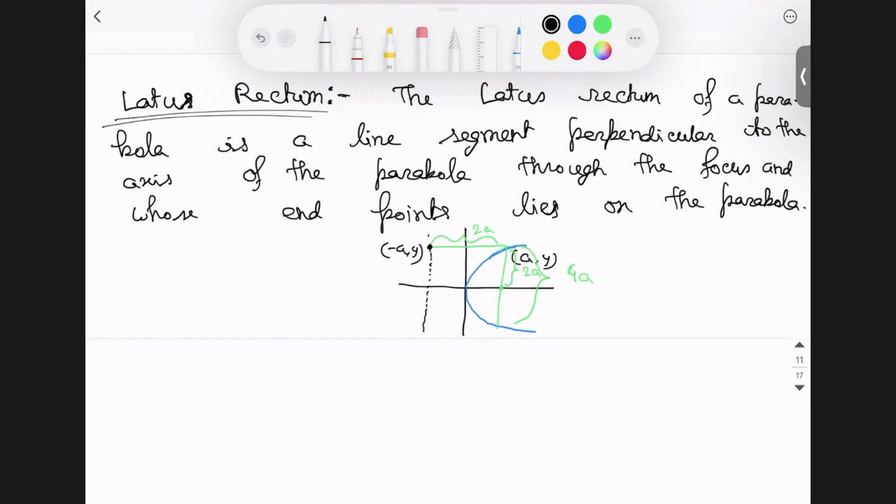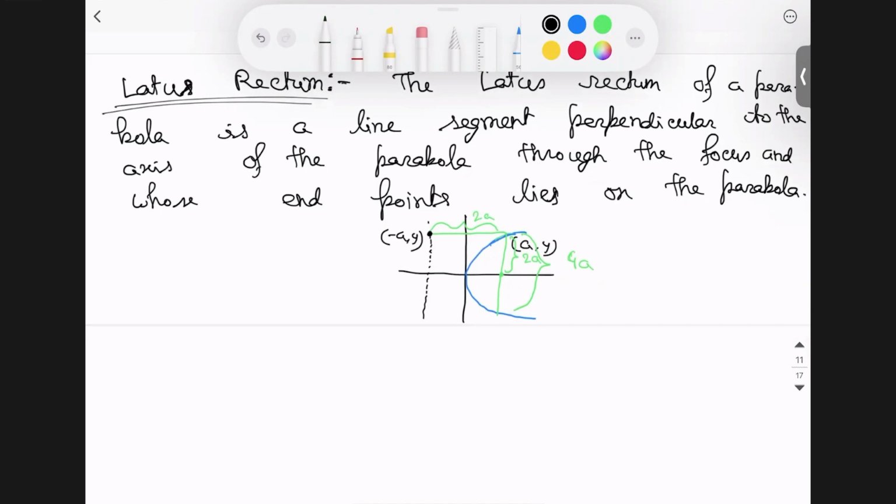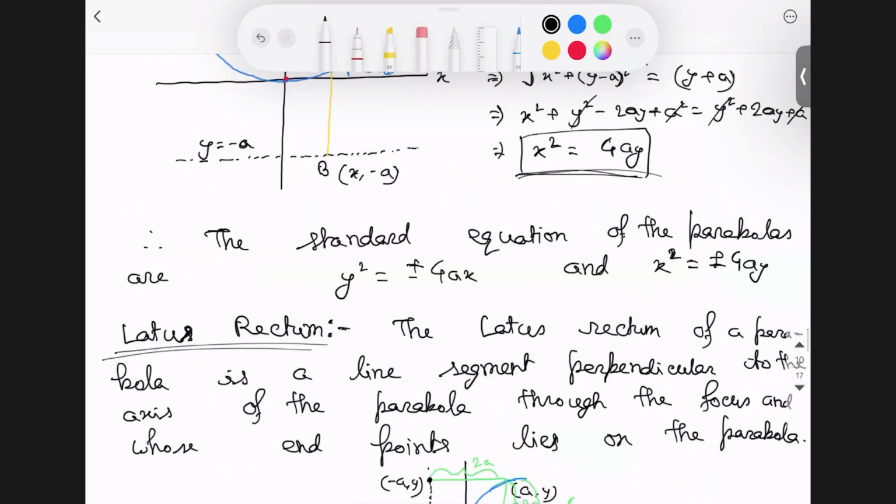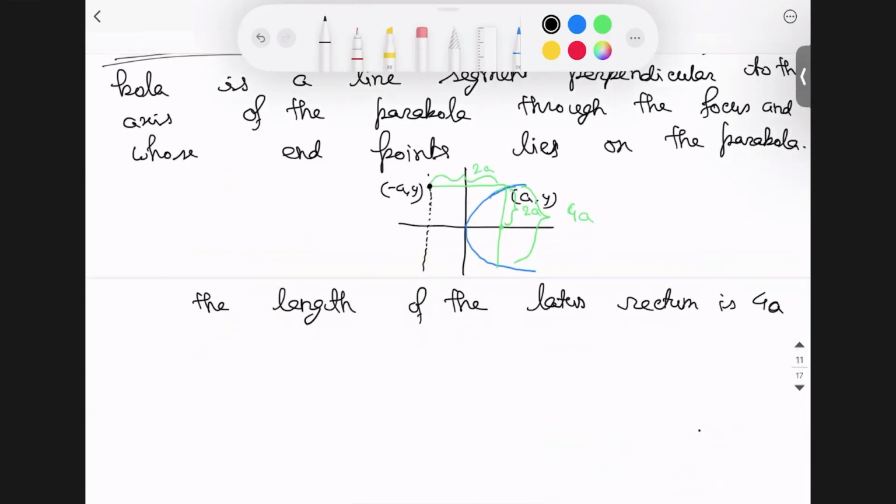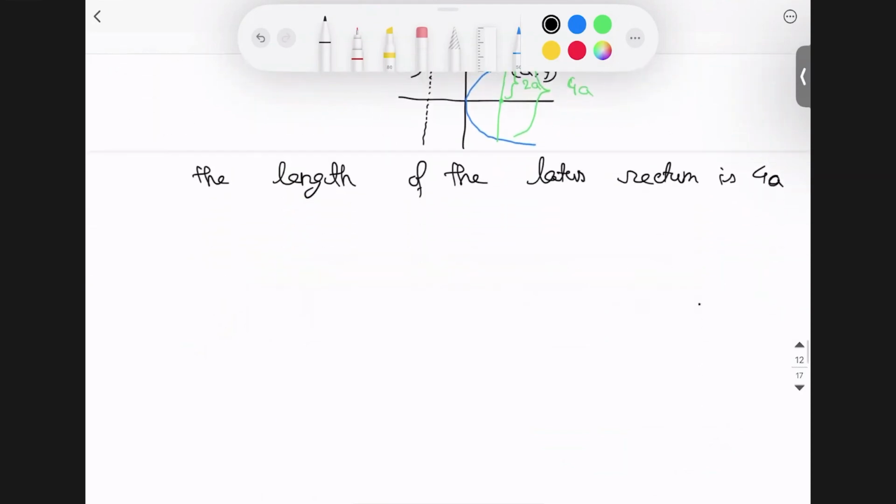From here we can say the length of the latus rectum is 4a.